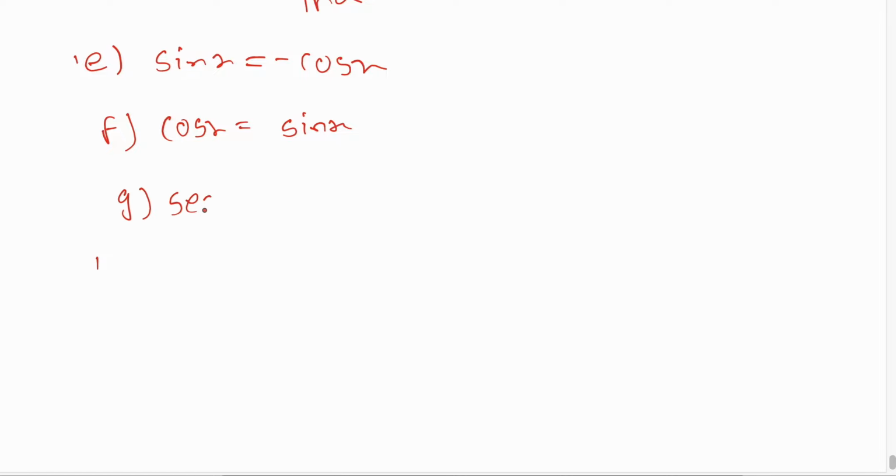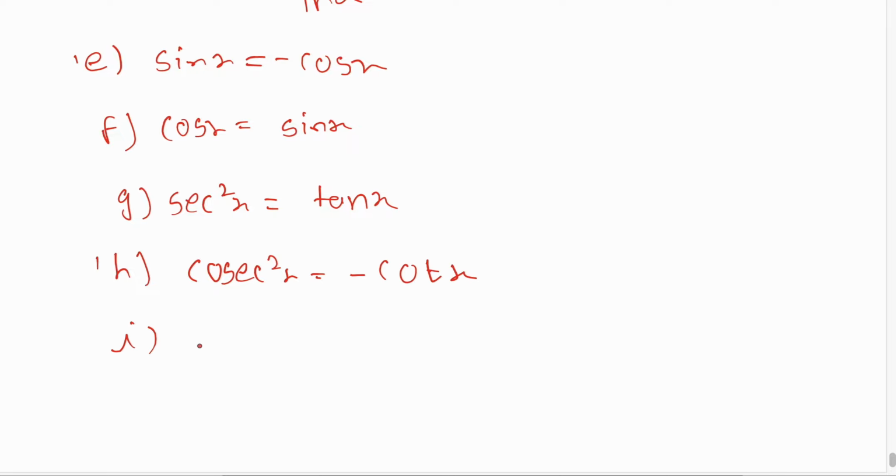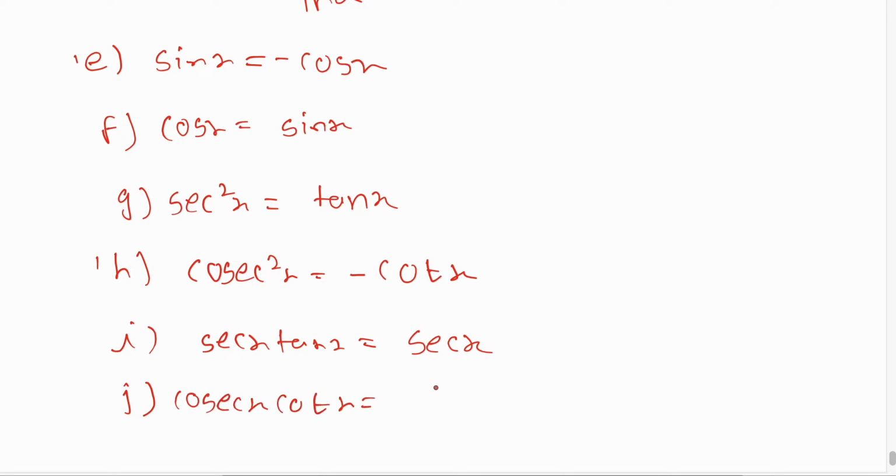Integration of sec square x is equal to tan x. Integration of cosec square x is equal to minus cot x. Integration of sec x tan x is equal to sec x. Integration of cosec x cot x is equal to minus cosec x.